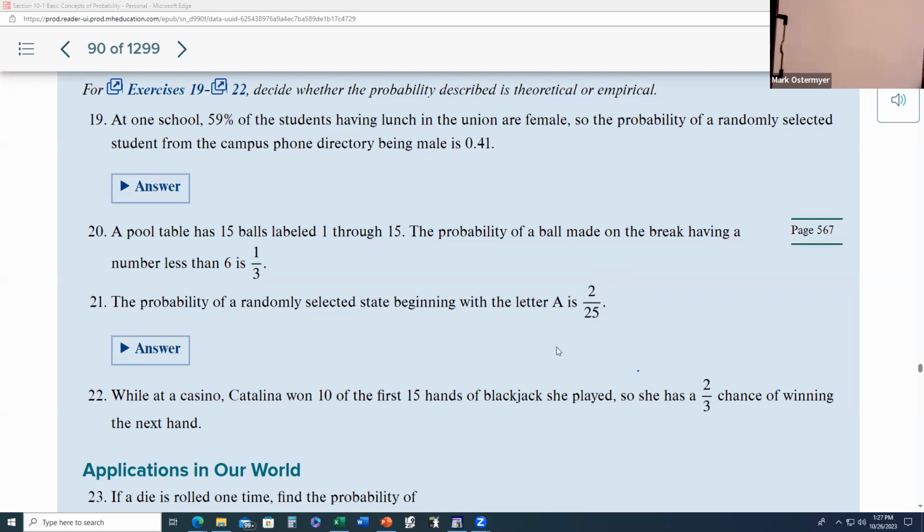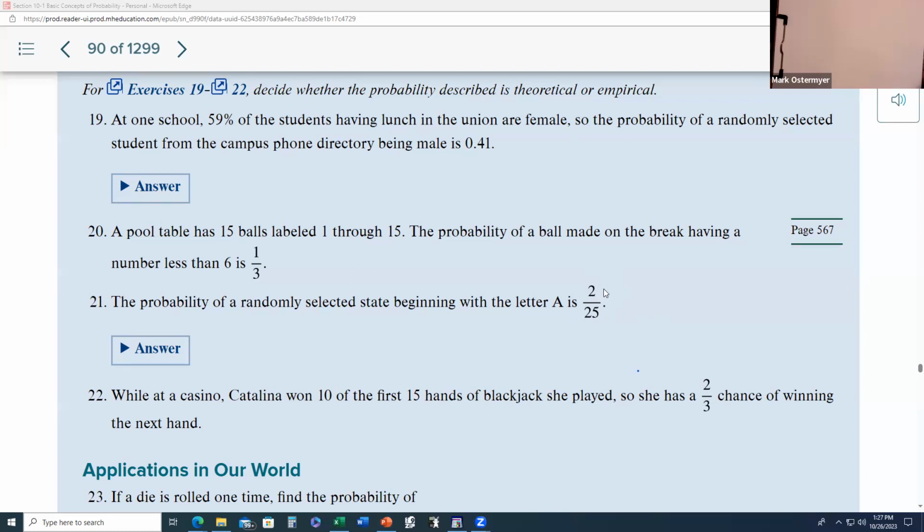Okay, let's see here. Ladies and gentlemen, the probability of a randomly selected state beginning with the letter A is 2 out of 25. How do you think they computed that probability? Did they use the empirical relative frequency way or the theoretical way in which each state has an equal chance of being selected? What would be your guess? Yeah, empirical, because we only have 2 states that begin with the letter A, correct?